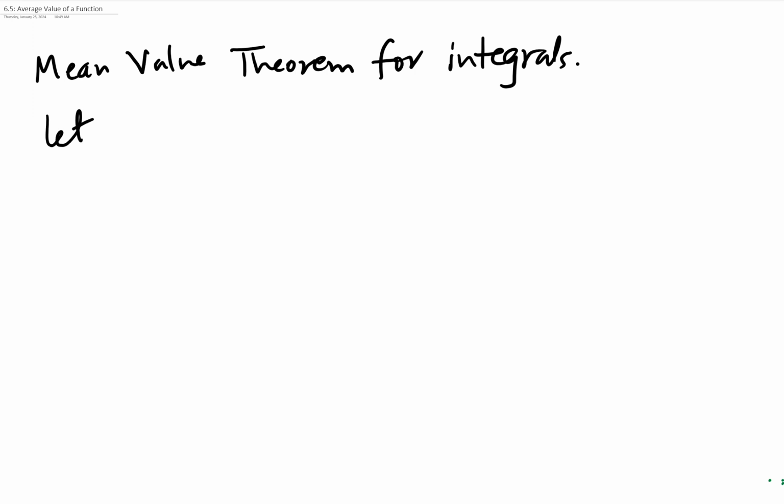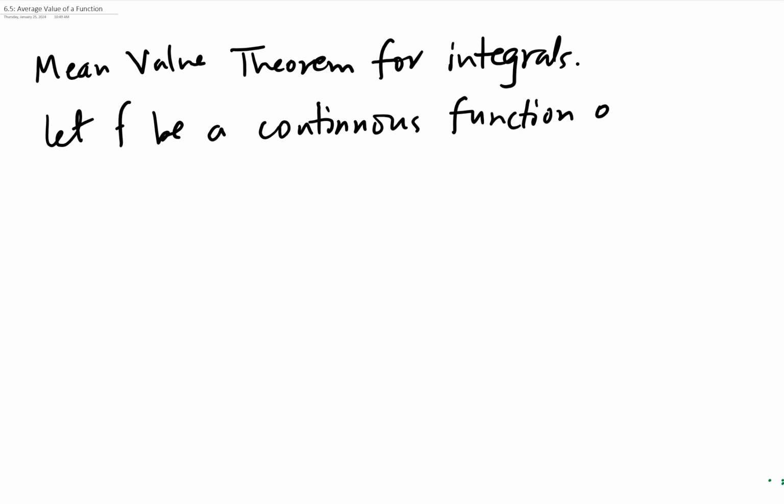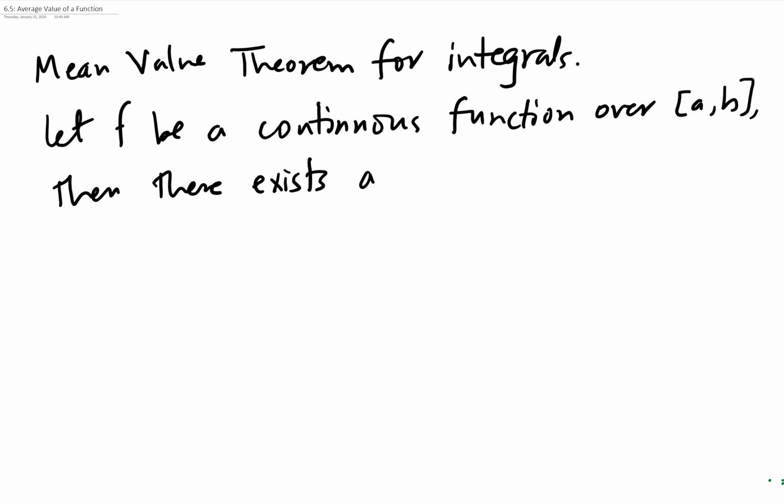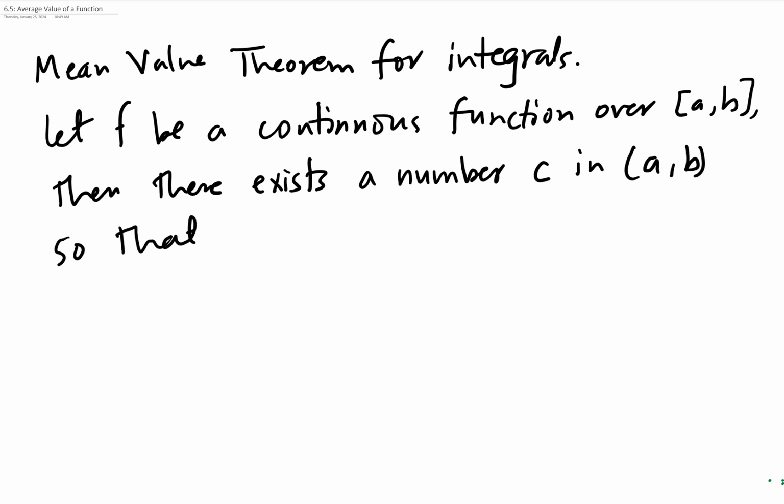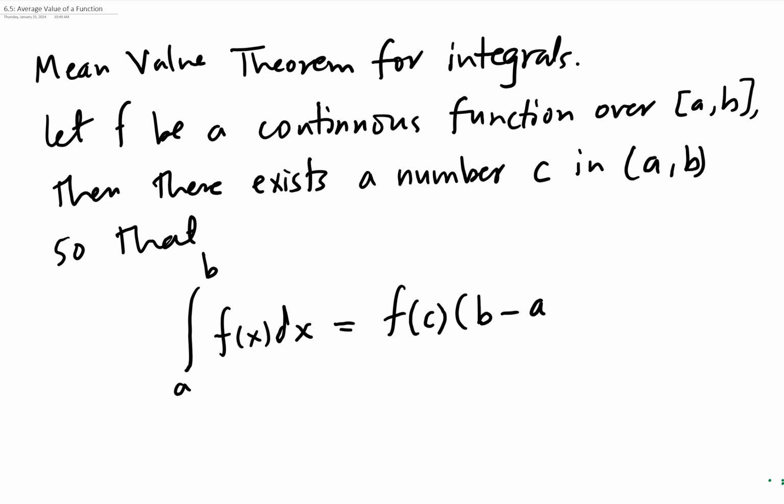It says let f be a continuous function over the closed interval [a, b]. Then, as long as f is continuous, there exists a number, let's call it c, in the open interval (a, b), so that the integral of f of x dx from a to b equals f of c times b minus a.